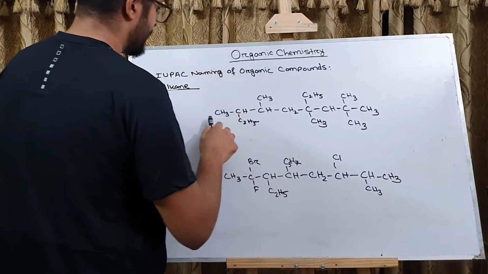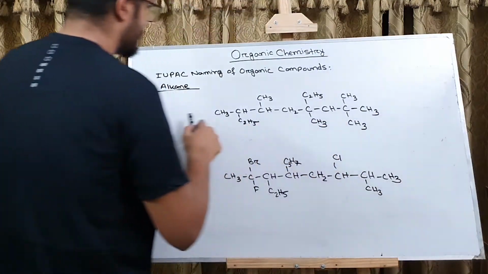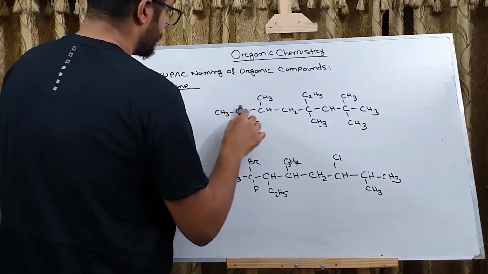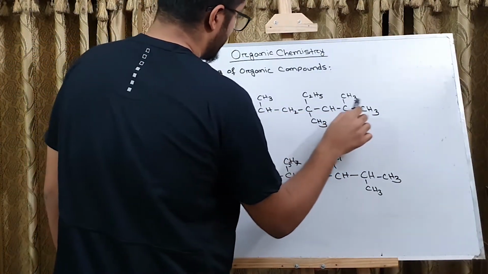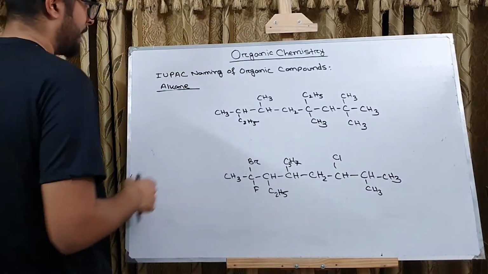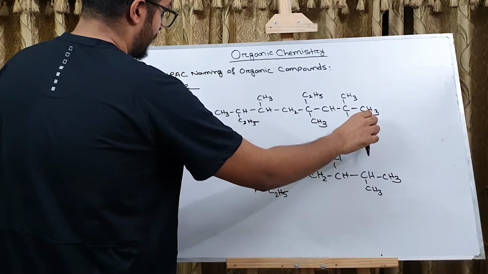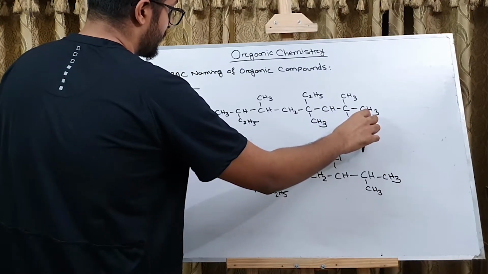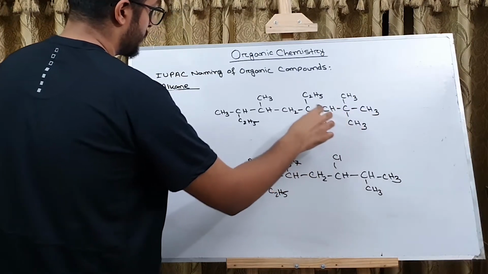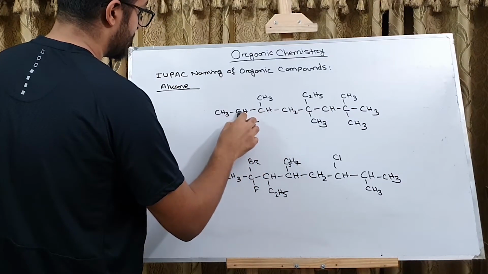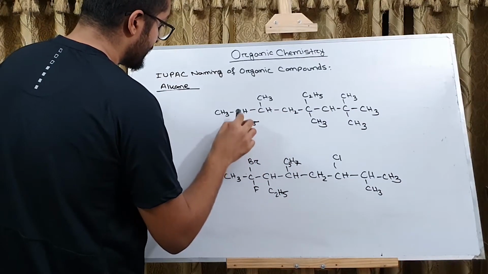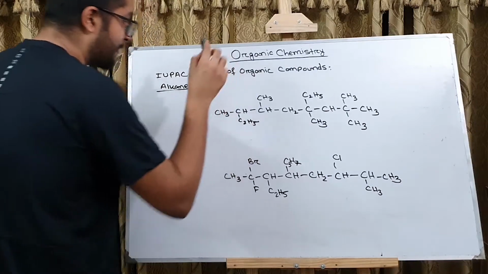So if we consider this straight chain as the longest chain, we will have 1, 2, 3, 4, 5, 6, 7, 8 carbons. But if we consider this one as the longest chain, then let's see what we will have. 1, 2, 3, 4, 5, 6, 7, 8 and 9, since there are 2 carbons here.